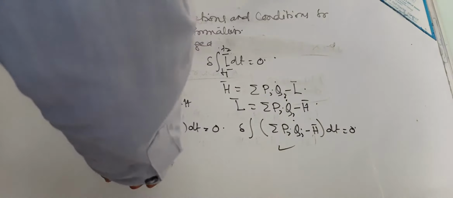It means if we write summation pi qi dot minus H, minus summation Pi Qi dot minus H bar, equal to dG by dt, then these two equations are simultaneously valid. So G is any arbitrary function.